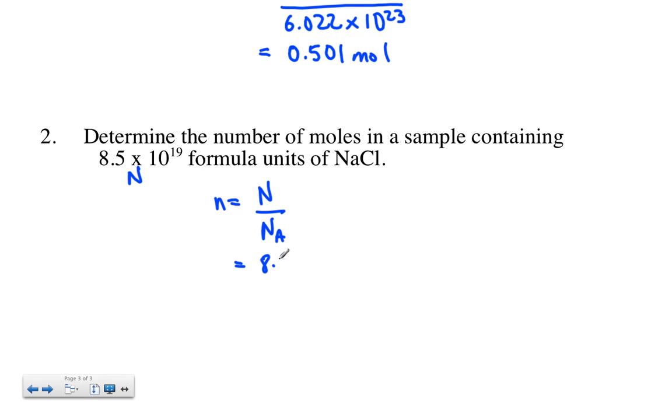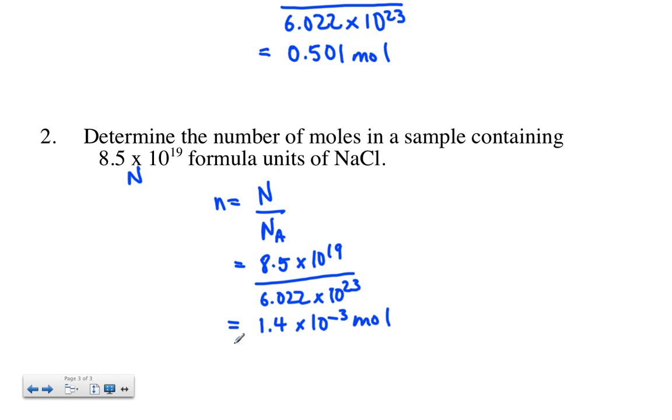And you're going to want to make sure that you don't just write this down, but you practice entering this into your calculator, because using scientific notation in your calculator is something that requires practice in order to be accurate every single time. This time, we only have 2 significant digits, so when I report my answer, I'm going to round it to 2 significant digits at 1.4 times 10 to the negative 3 moles.